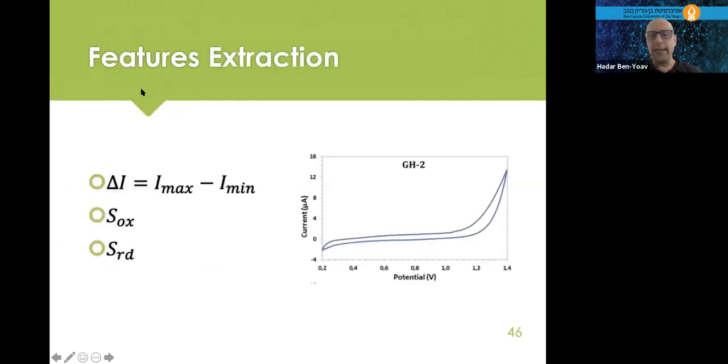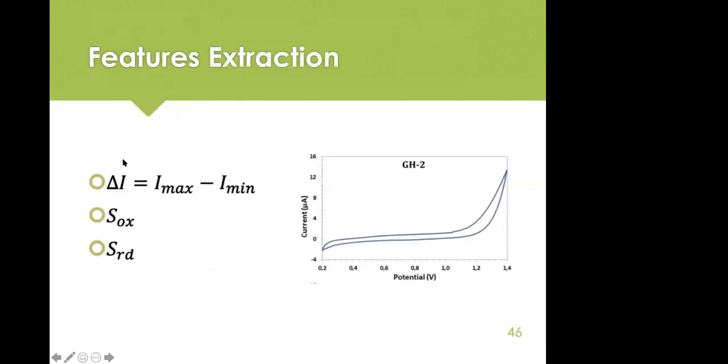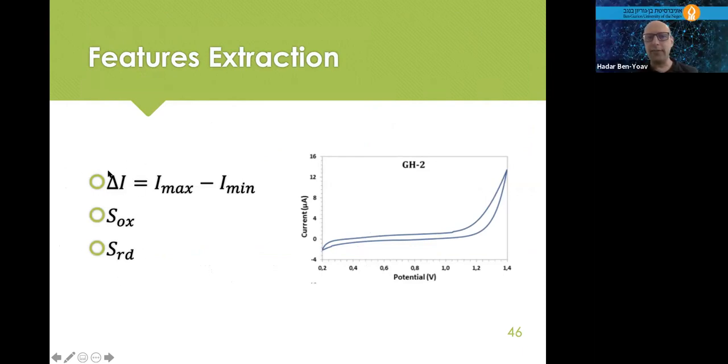So what they took is those 3 different features. The first one was delta I, which was the difference between the current at the maximum place minus the current at the minimum place. This is feature 1.